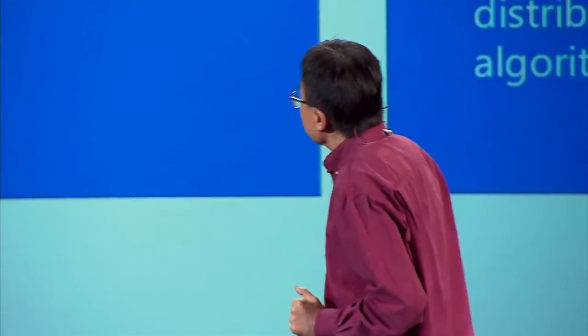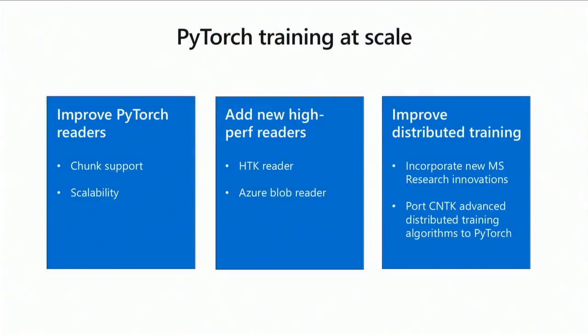So looking at PyTorch, one thing which is very interesting to us is the data reader. Obviously everyone knows the data reader is very important as part of the training performance.